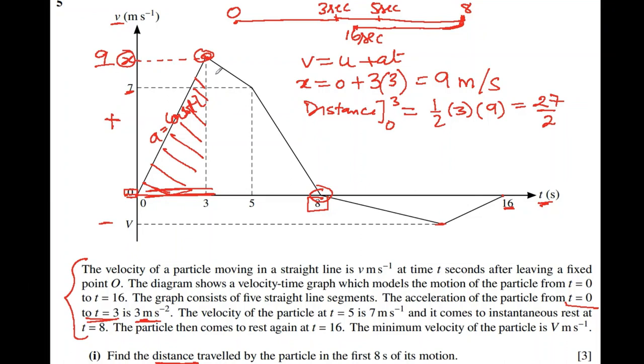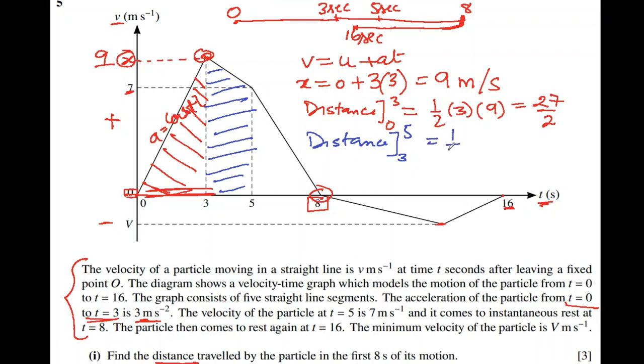Second is this trapezium. Let me change the color for the trapezium. This is the trapezium we are trying to find the area of now. So distance from 3 to 5 will be, area of trapezium is half times the first parallel line, which is this one, 7, plus the second parallel line, which is this one, 9, times the space between them, 3 to 5 seconds, which is 2 seconds.